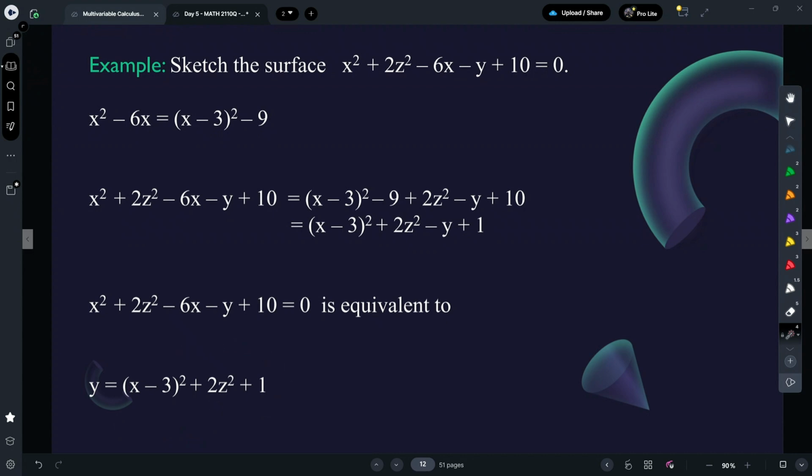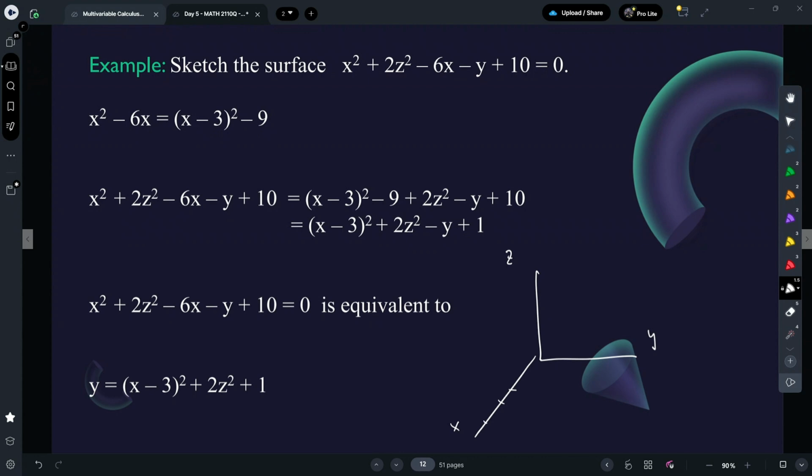And now this graph, I know what it is, because this will be a paraboloid in the y direction. If you think of it as a function of x and z, with the y being where the values are, this is the x, the y, the z. All the values are positive, and you can see where the vertex is at 3, 0 in the xz plane.